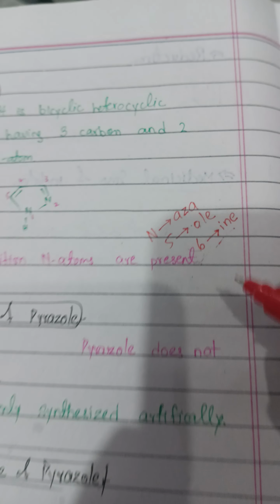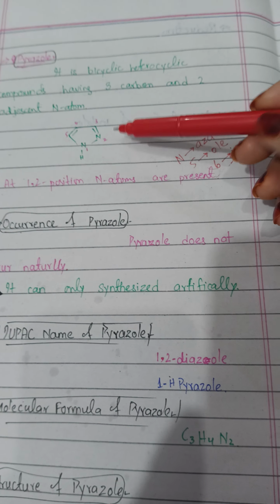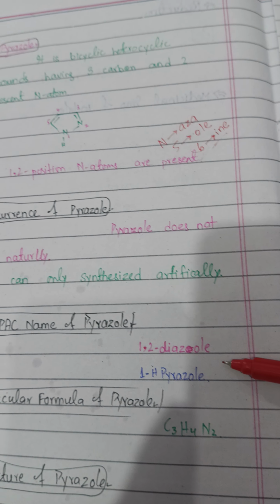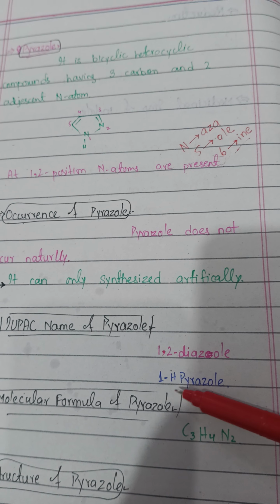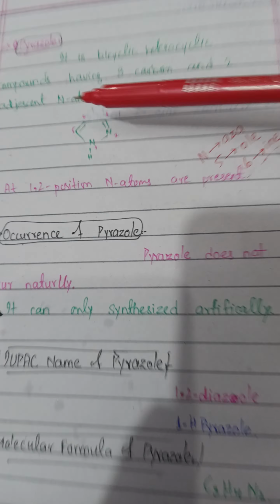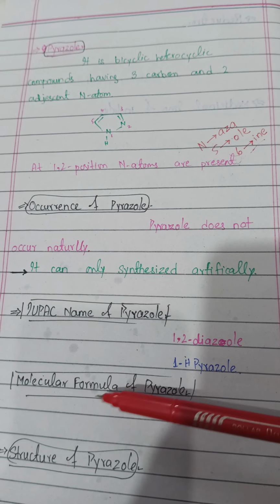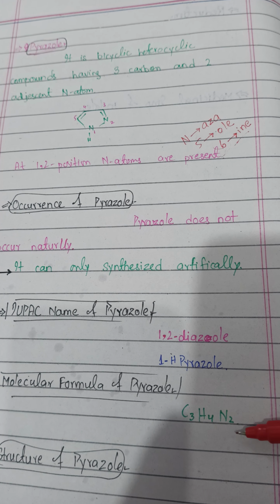Now in pyrazole we have a 5-member ring, so we add "ol" as its suffix. The IUPAC name of pyrazole could be 1H-pyrazole, because at one position a hydrogen is present. Now we discuss the molecular formula of pyrazole, which is C3H4N2.